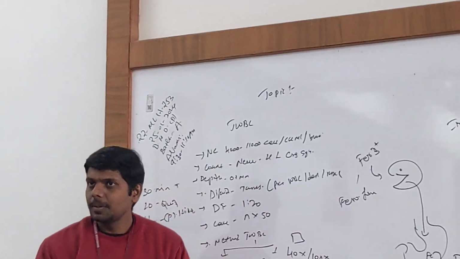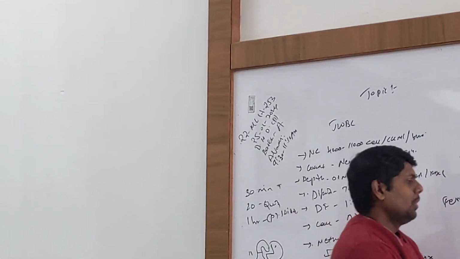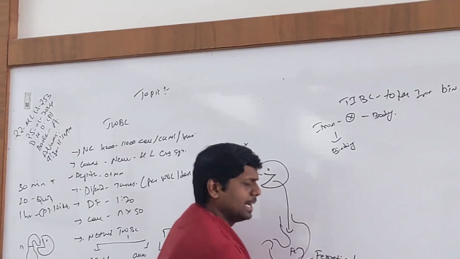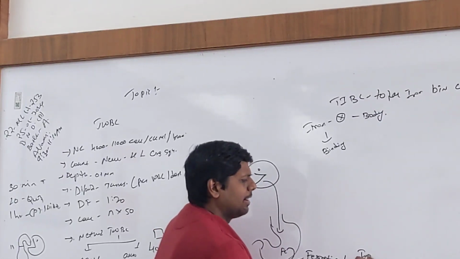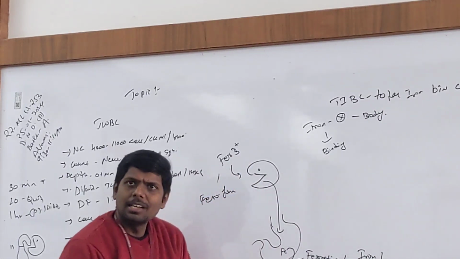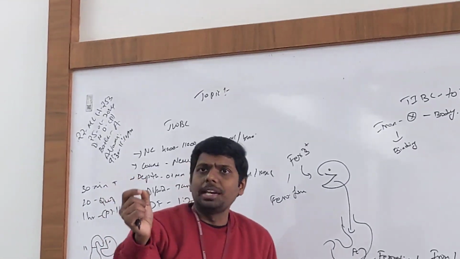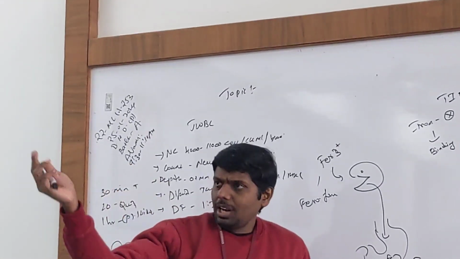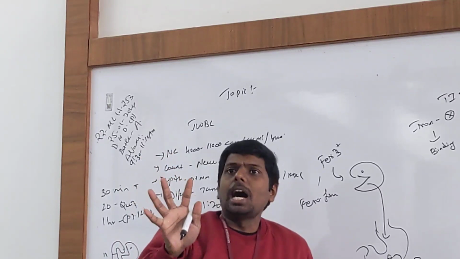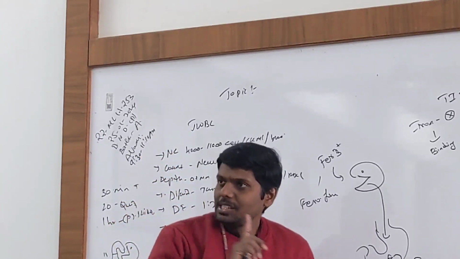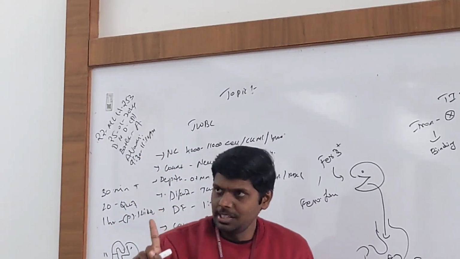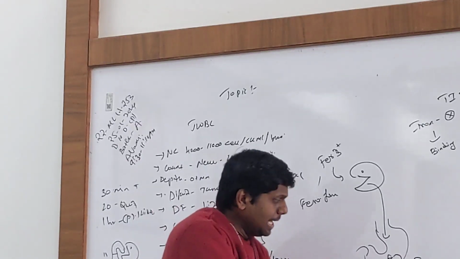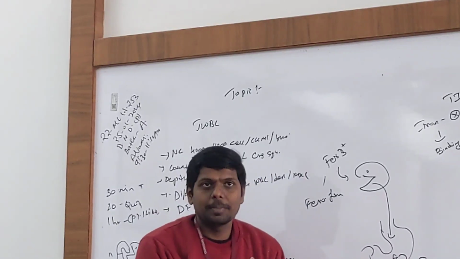Is this clear? Yes, sir. So listen now. If we have less ferritin, what will be the iron levels? They will be less. The levels of ferritin will give the actual status of the iron in the body. Less ferritin, less iron. Is it clear? Because it is the ferritin that is carrying the iron in the body.